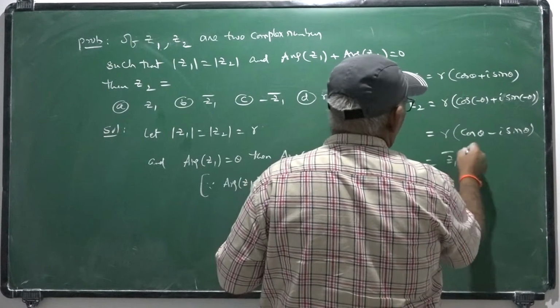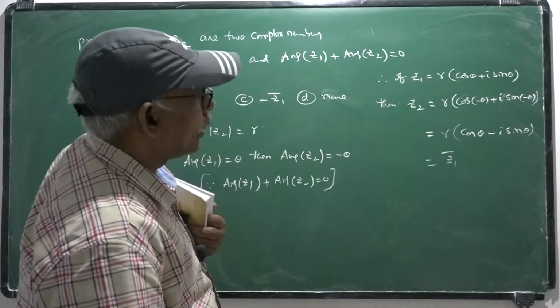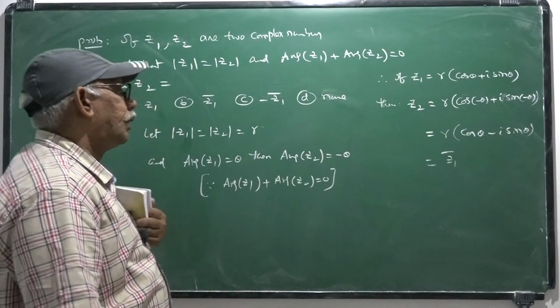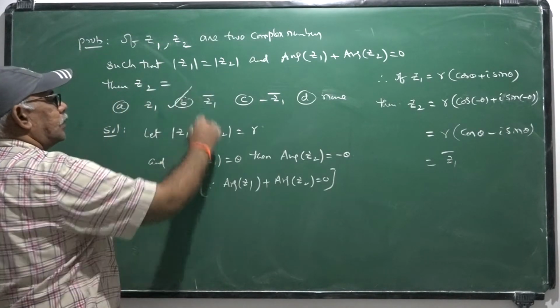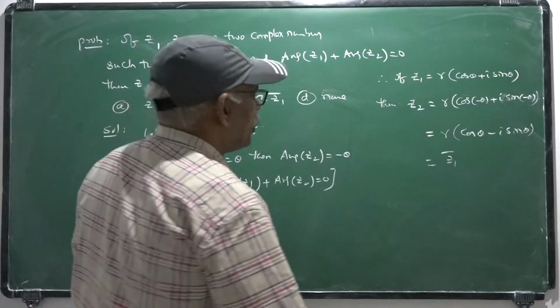Hence, this is the conjugate of z1. Z2 is the conjugate of z1.